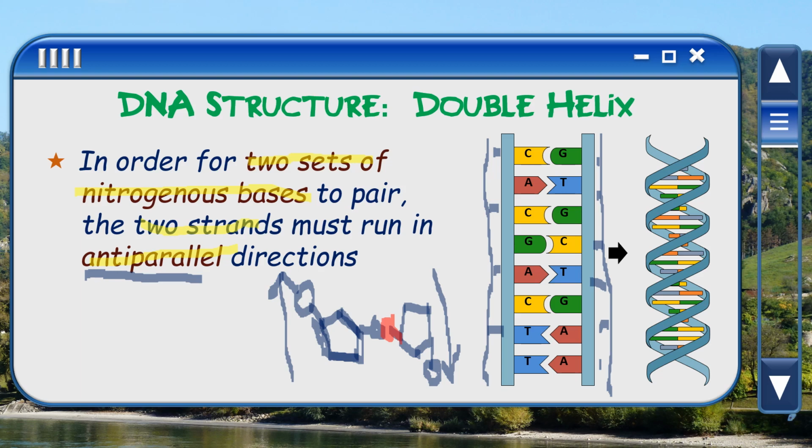One, the sugar and the phosphates are facing up. Then another one, the sugar and the phosphates are facing downwards. That is what we are referring to as antiparallel direction. So this one is facing down, and this one should be facing upward. So it forms the structure.